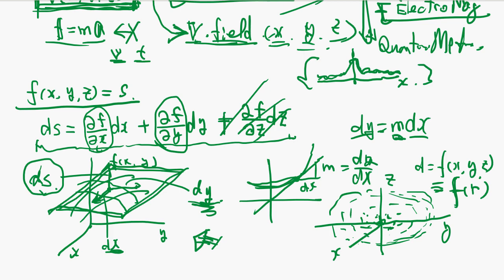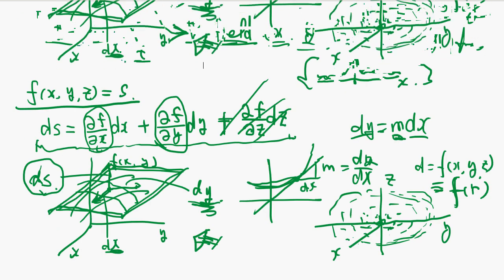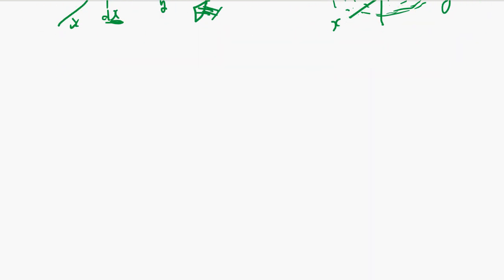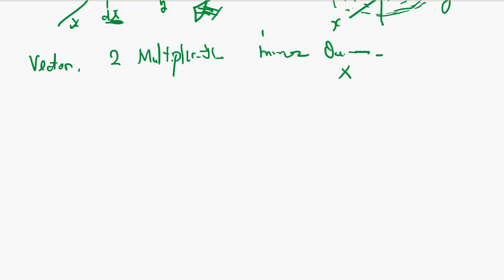Okay, now then when vector function comes in, what happens? First of all, for vector functions, we define two different kinds of multiplication, right? Inner and outer, denoted by x, and this is dot. It's like A, B, A multiplied by B. There are two different multiplications.